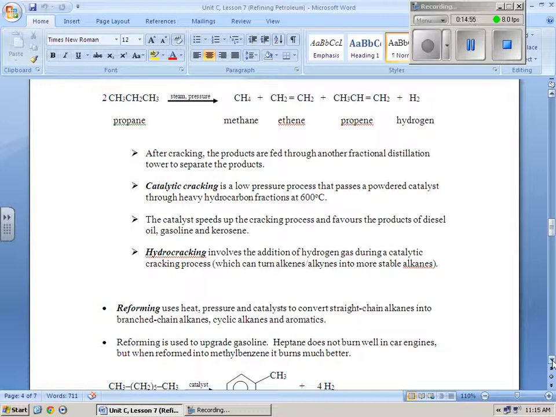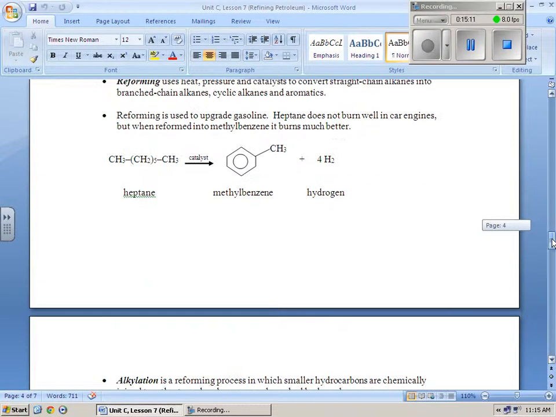Reforming is exactly like it sounds. Reforming takes a hydrocarbon and reforms it into a different type of structure that you may find more beneficial or that we need more of. For example, one of the examples they give you here is heptane. Heptane doesn't burn particularly well, but when you reform it into methylbenzene, you're taking that 7-carbon chain and reforming it into a cyclic structure that tends to burn very well in car engines.